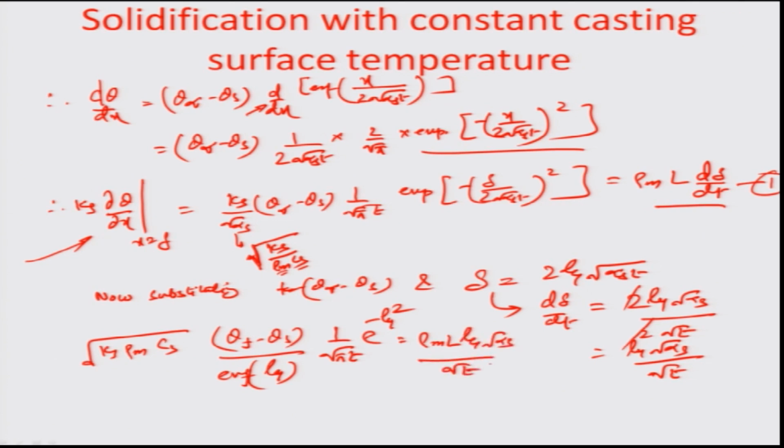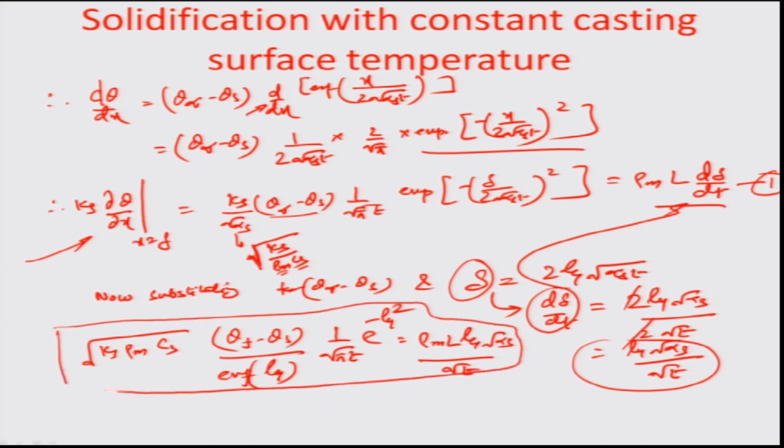So, basically on one hand we are substituting the value of d delta by dt from this expression here, and on the other hand this term theta infinity minus theta s is replaced by theta f minus theta s. So, this is how the expression gets formulated after the substitution of these two values, the d delta by dt and the theta infinity minus theta s.